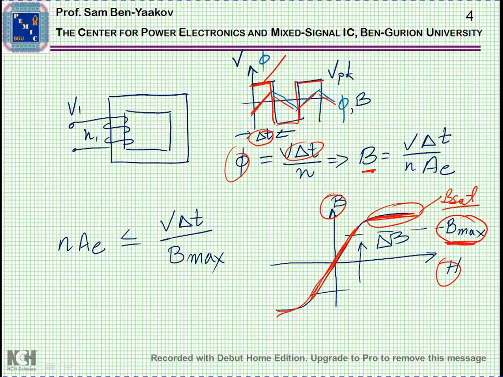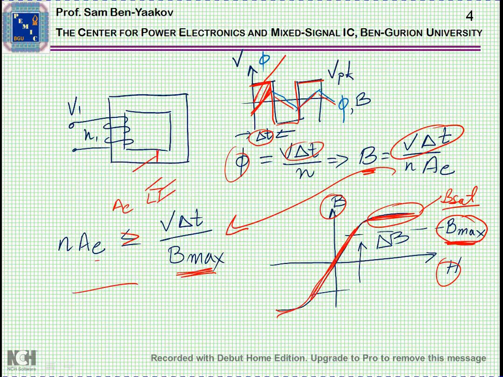So B will also increase linearly, and we find from here that N times AE should be larger than V delta T over B max. V delta T is actually the volt-second accumulated during the pulse time, and B maximum is the allowed B that you like not to exceed.